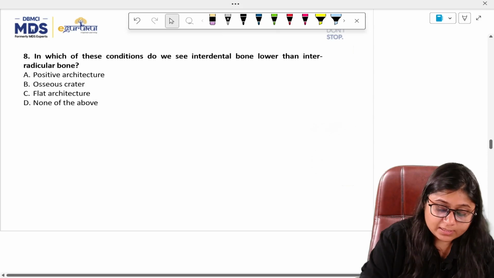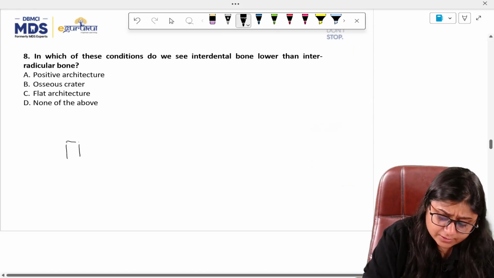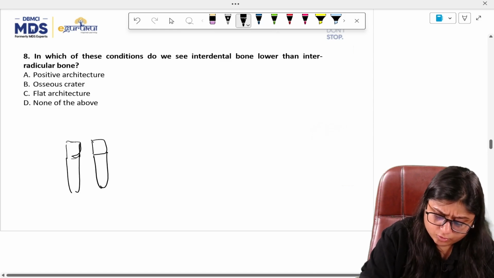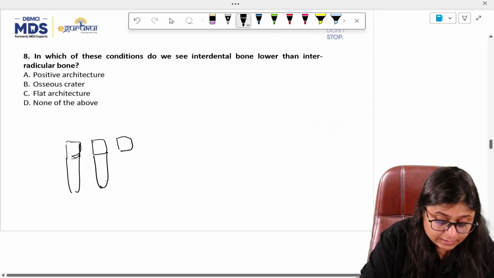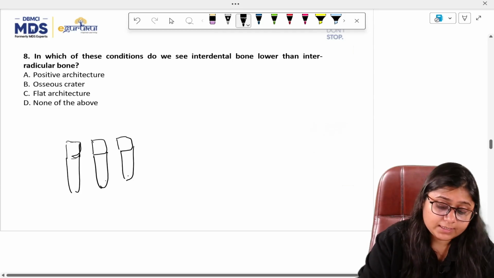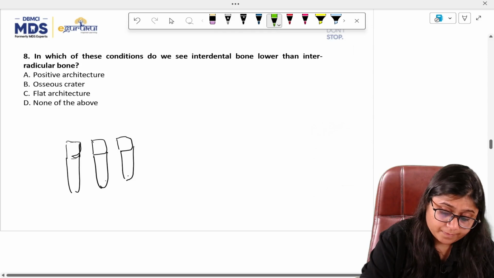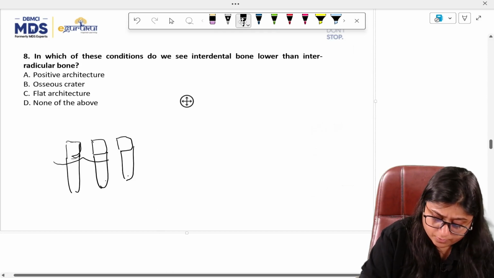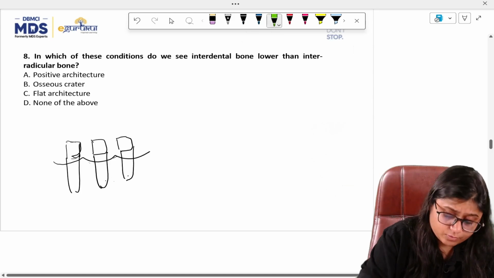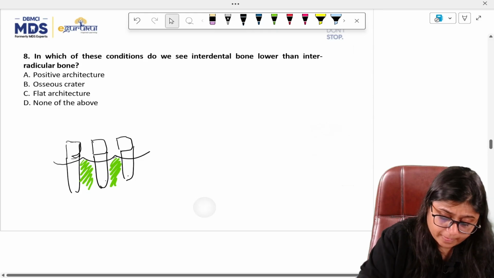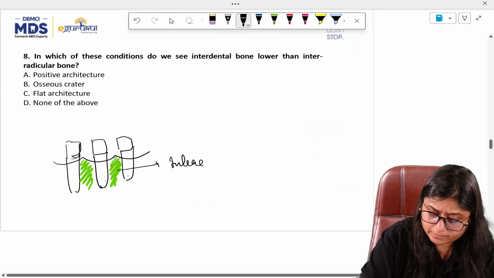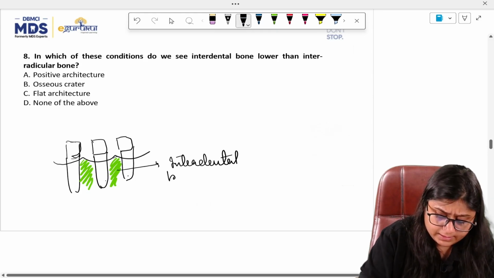Positive architecture. What is a positive architecture? If this is a tooth, the bone which is present in between these teeth is called the interdental bone.